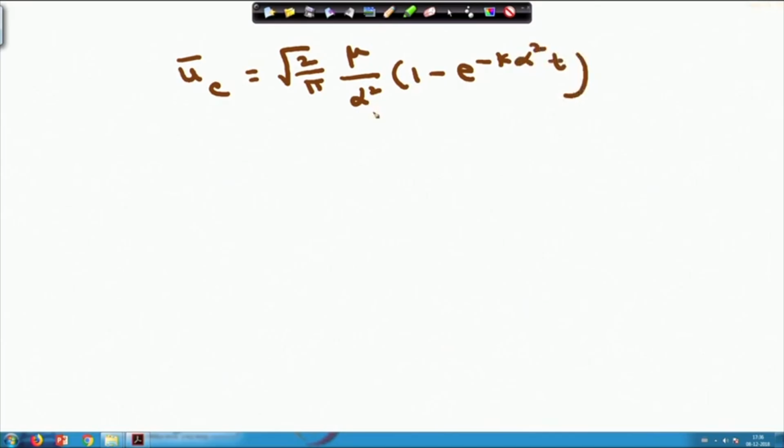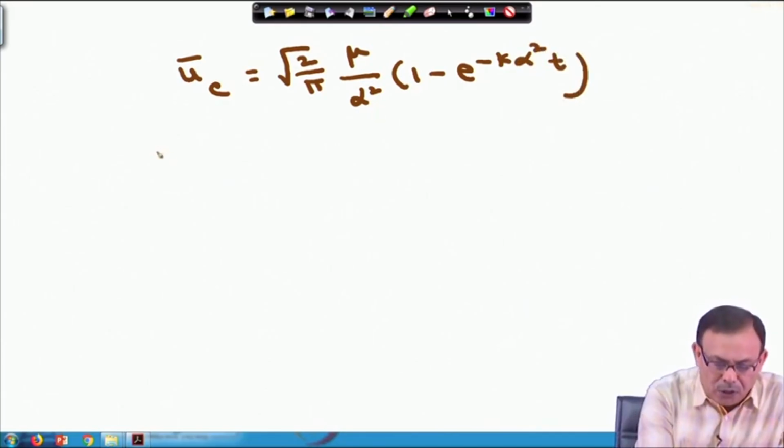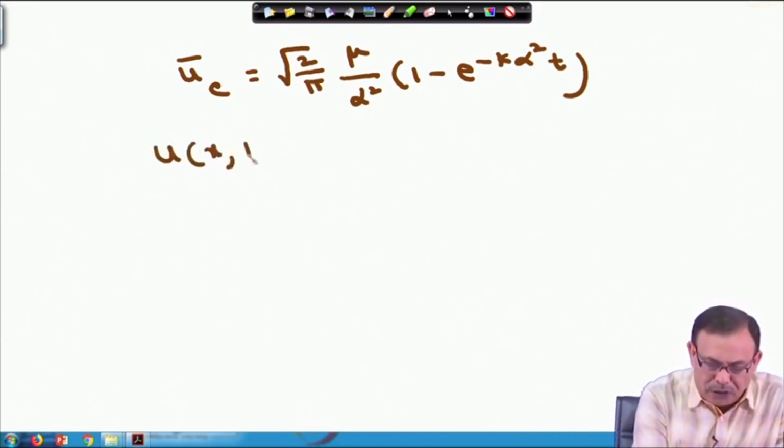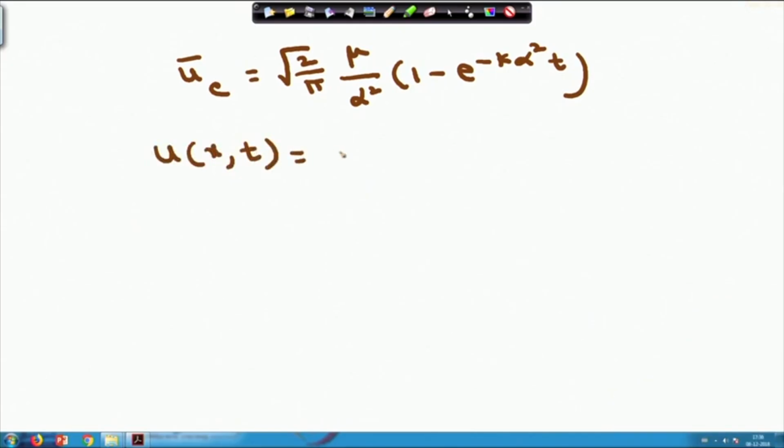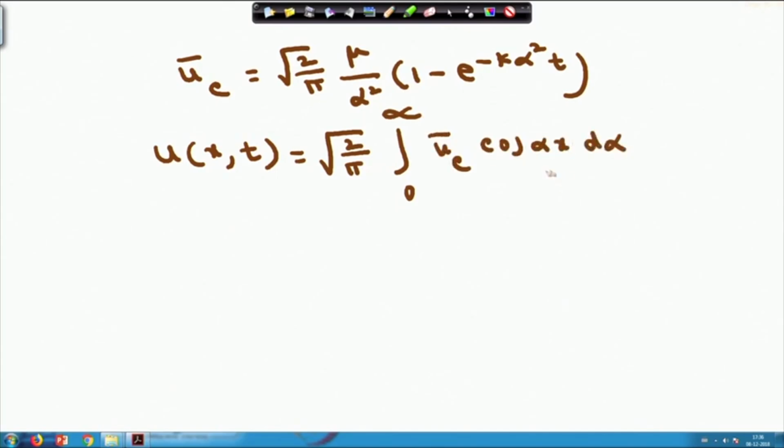Now, take inverse Fourier cosine transform on it to obtain the value of u x t. So, u x t is equal to root over 2 by pi, 0 to infinity, from the definition, u bar c into cos of alpha x into d alpha. And now, u bar c, you know this thing.